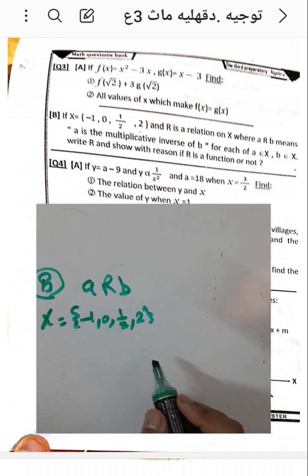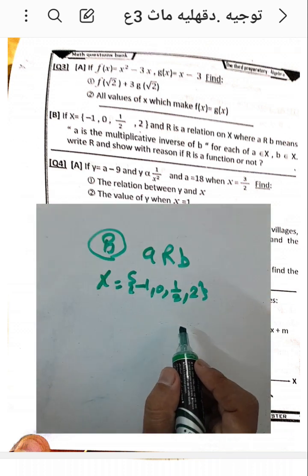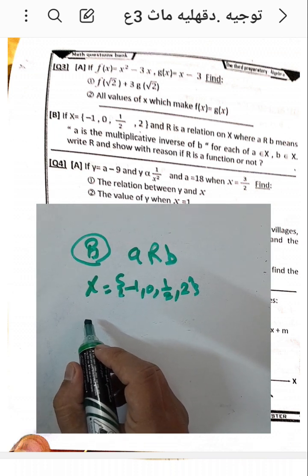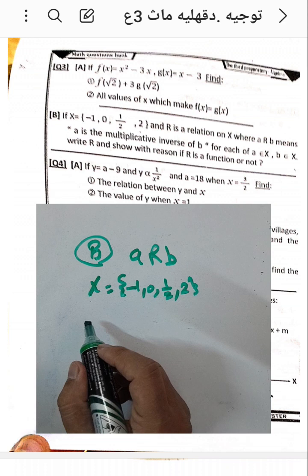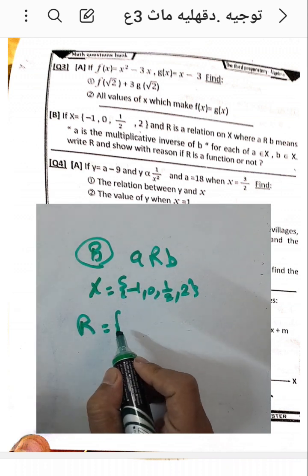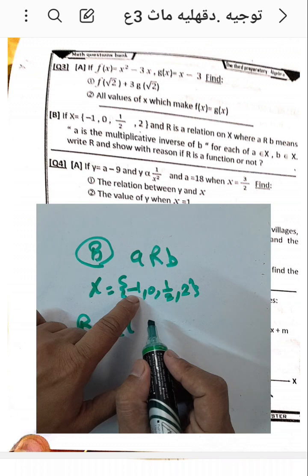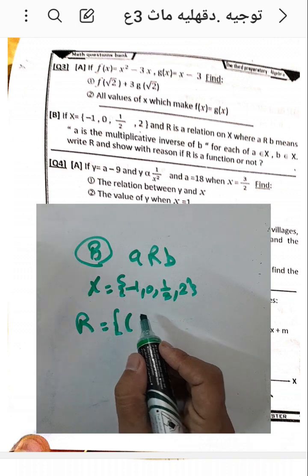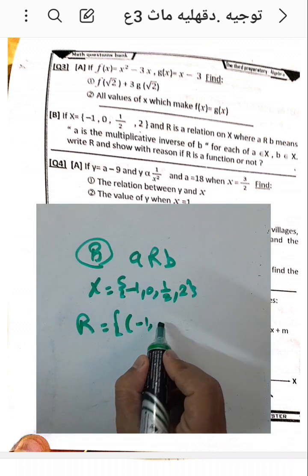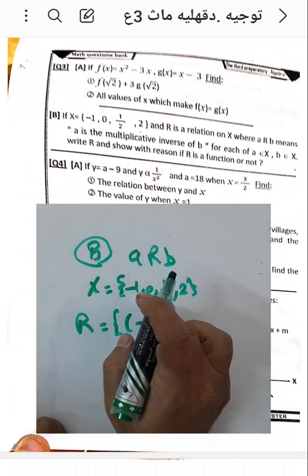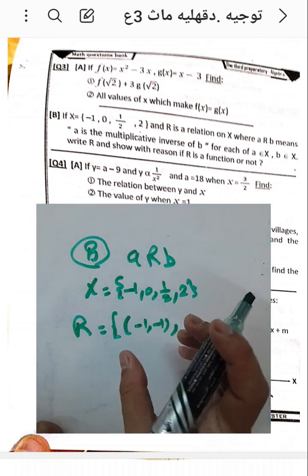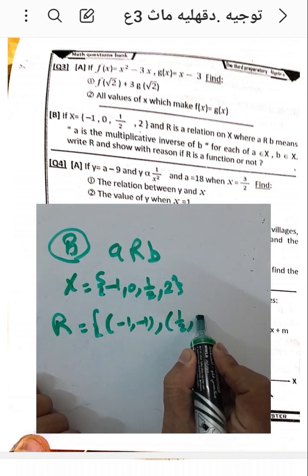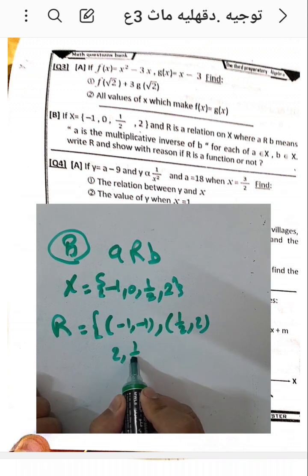Okay, and we have the relation between A and B. The relation here, for negative 1, we want to find what? The multiplicative inverse. The multiplicative inverse of negative 1 is negative 1 itself, and for 0 we don't have one, because a number divided by 0 is undefined, and half with 2 and 2 with half.